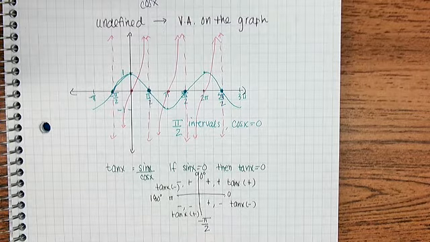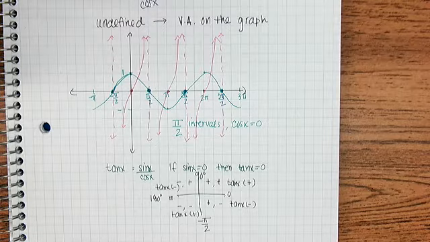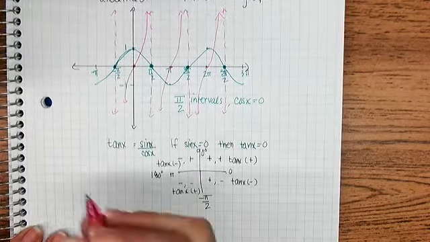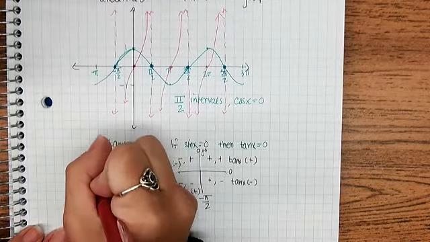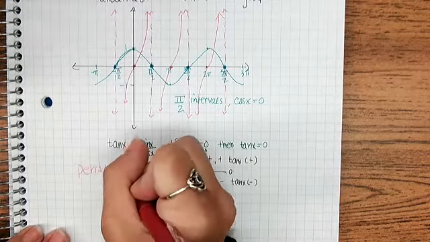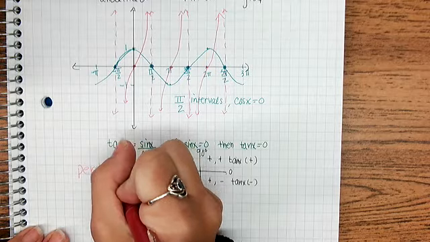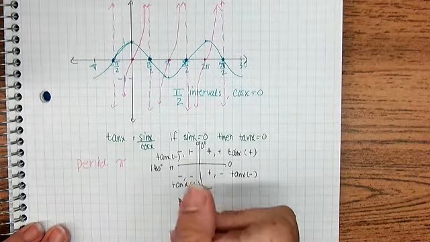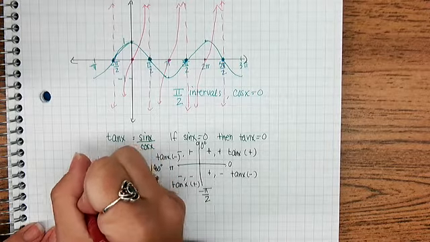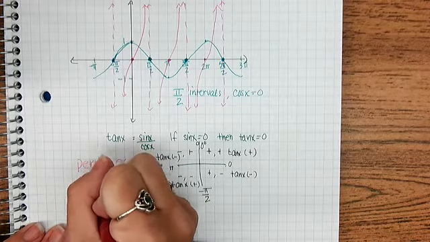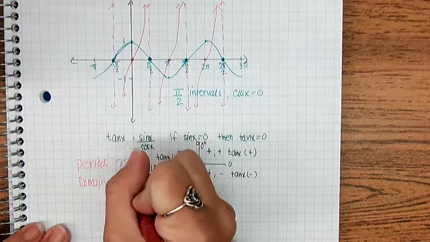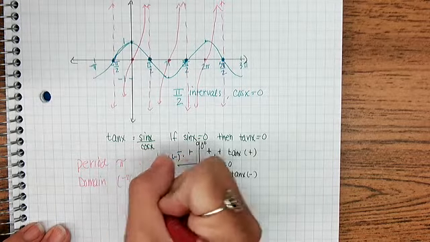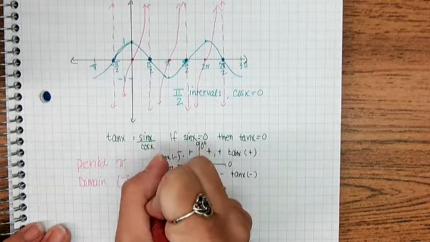So the period of the tangent function is pi, and its domain is negative pi over 2 to pi over 2.